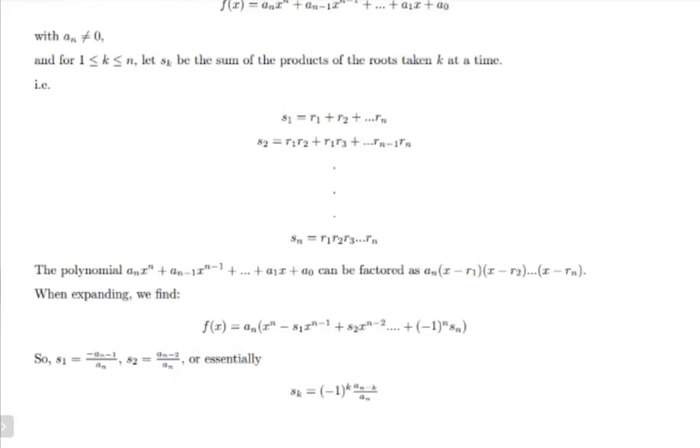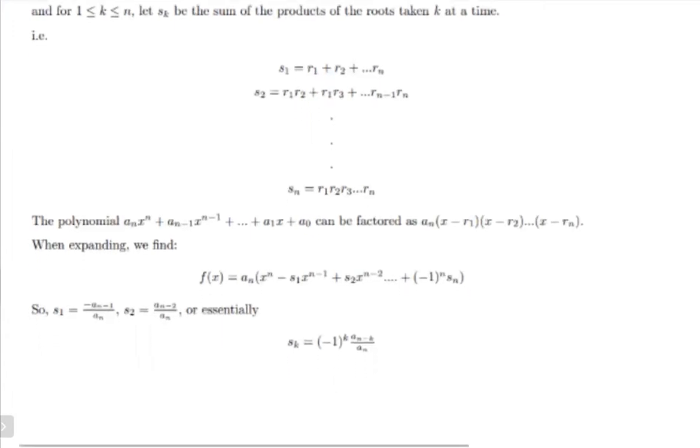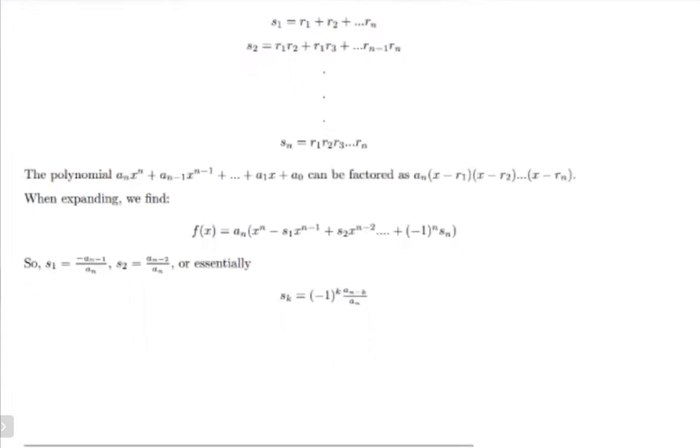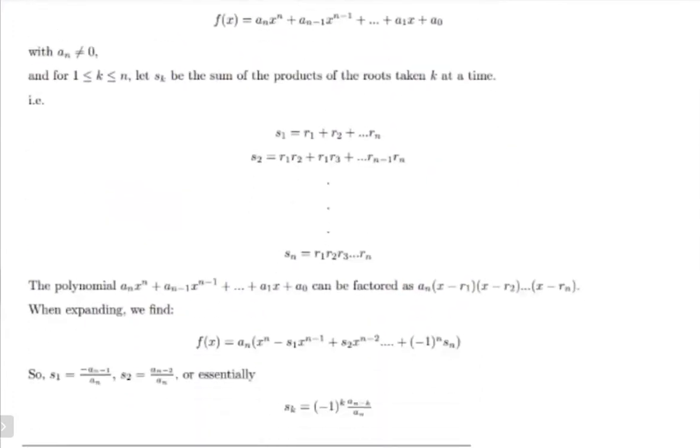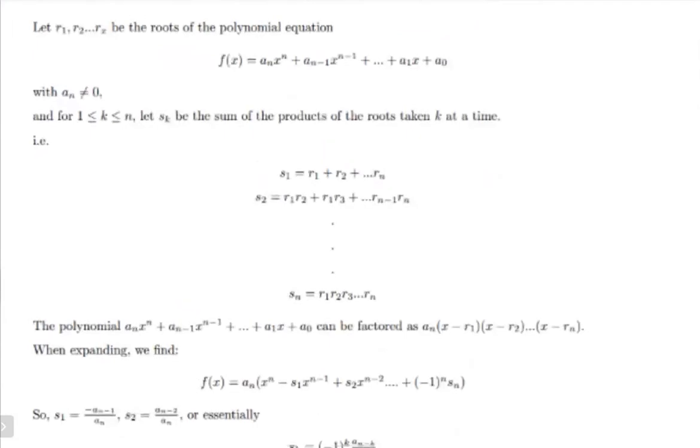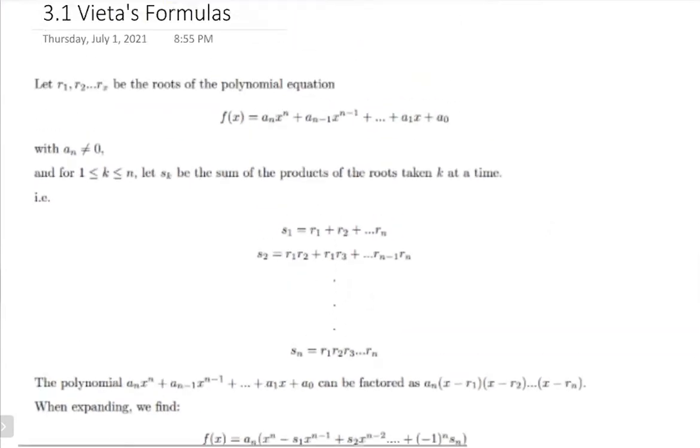And when expanding, we find that f of x is equal to a sub n times x to the n minus s sub 1 times x to the n minus 1 plus s sub 2 times x to the n minus 2, and so on. So the most common ones: the sum of the roots is equal to the negative of this coefficient divided by this coefficient.